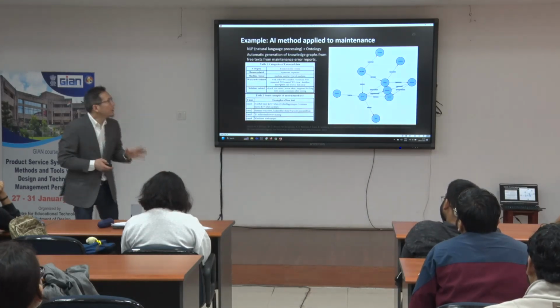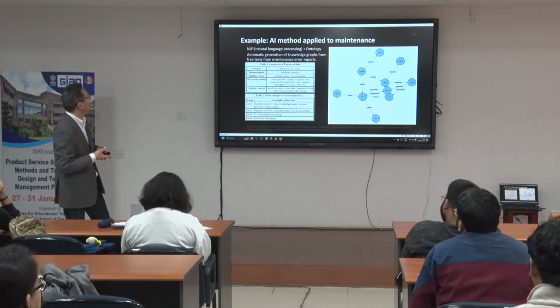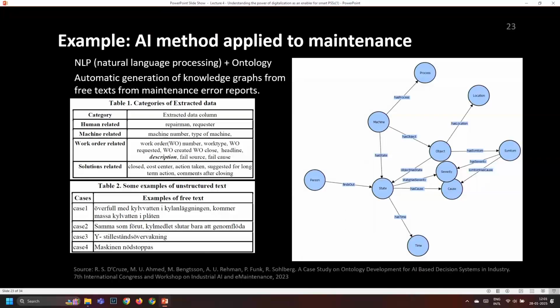Another case from our project is that we have access to the data of maintenance reports. So we work with a production facility. They have a number of production machines, and there are, let's say, several dozens of maintenance engineers dedicated to maintenance activity.